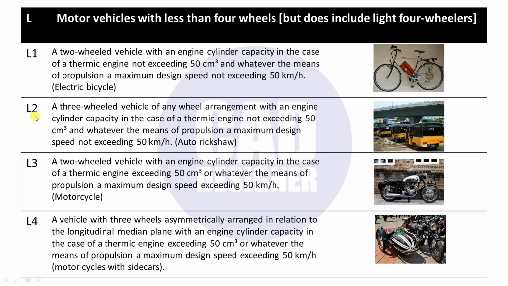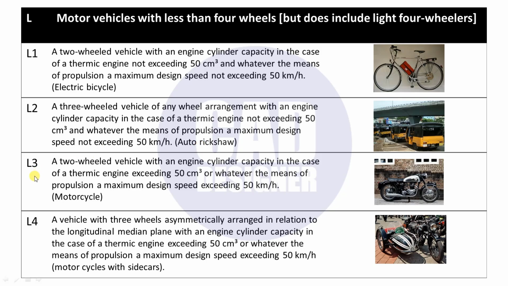Then the L2 category: a three wheeled vehicle, with engine capacity not exceeding 50 cm³ and speed also not exceeding 50 kilometers per hour. An example of the L2 category is the auto rickshaw.